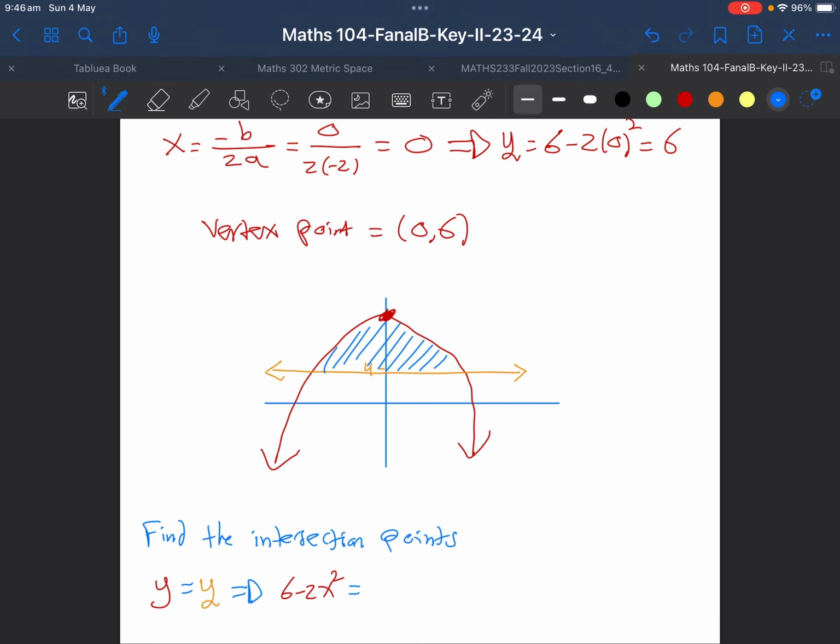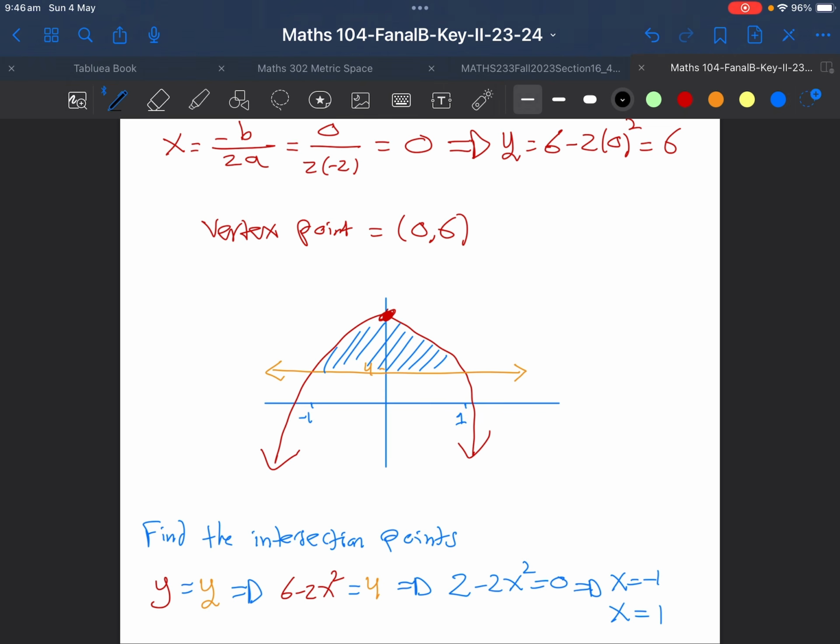The y in orange is just 4. Now let's move everything to one side. We get 2 minus 2x squared equal to 0, which means if we solve it, x equal to 1, x equal to minus 1. So I know now that this is minus 1, and this is 1.